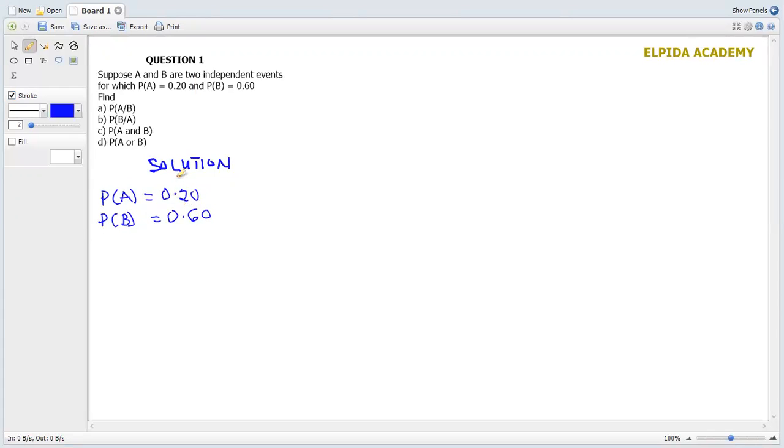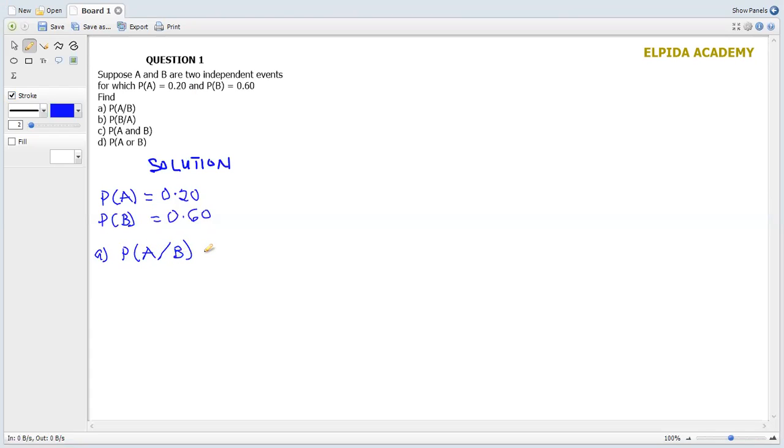Now we're supposed to find the probability of A given B. That is the probability of event A occurring given that B occurs.